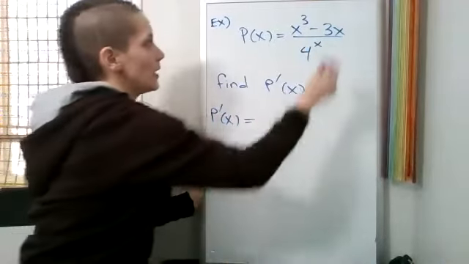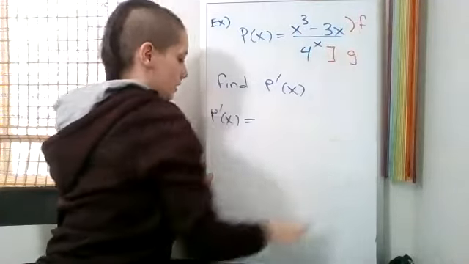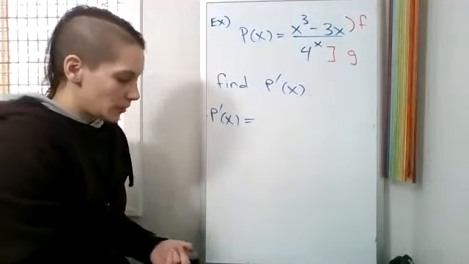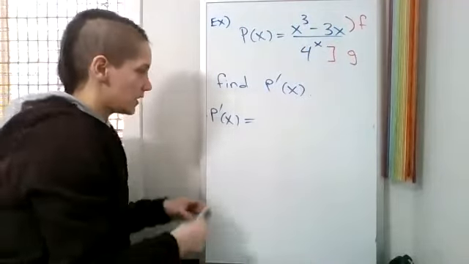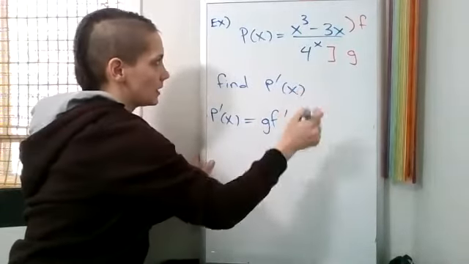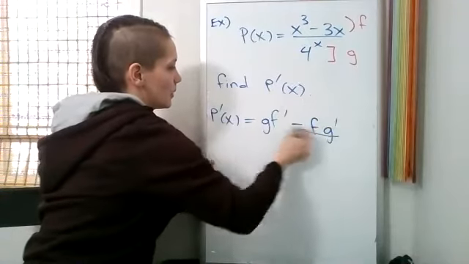Let's call the numerator f. This is going to be g. And we have low d high, so the bottom function times the derivative of the top function. Subtract high d low, so the top times the derivative of the bottom. Square the bottom.